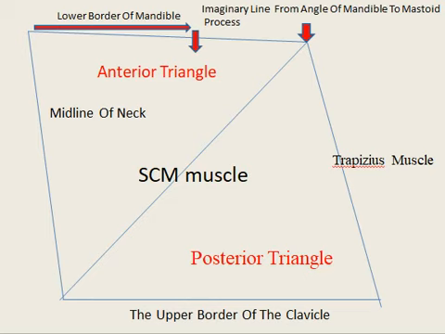Boundary of the anterior triangle: on the above side by the lower border of the mandible and an imaginary line from the lower border of the mandible to the mastoid process, in front by the midline of the neck, and behind by the sternocleidomastoid muscle.